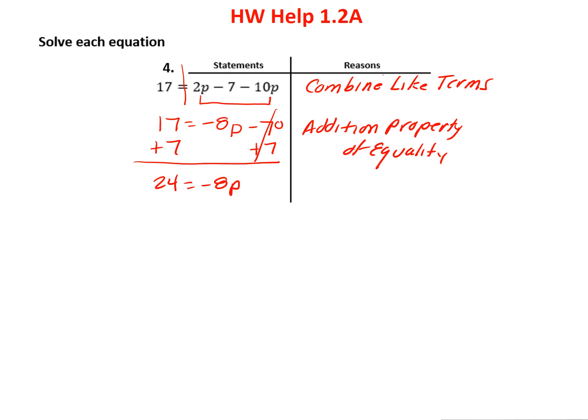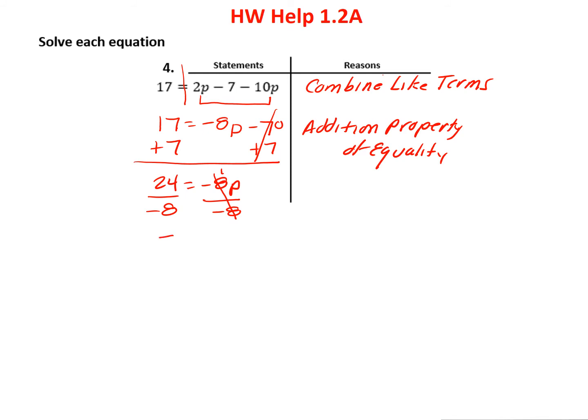And now we'll undo this operation. Notice that p is being multiplied by negative 8. So the opposite of multiplying times minus 8 is dividing by minus 8. Don't forget the negative sign there. If you just divide by 8, then you end up with negative p, and you'll have to get rid of the negative later anyway. Negative 8 divided by negative 8 is 1. And 24 divided by negative 8, a positive divided by a negative, is going to be a negative.